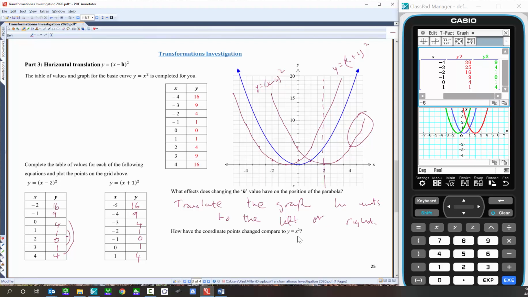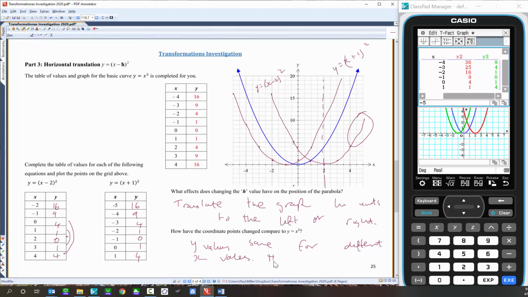How have the coordinate points changed compared to y equals x squared? Well, what's happened is that the y values, notice here that the y values are the same. So it produces the same y values for different x values.